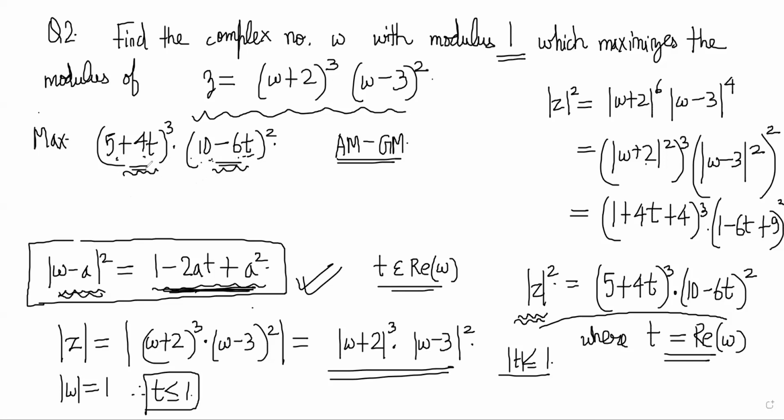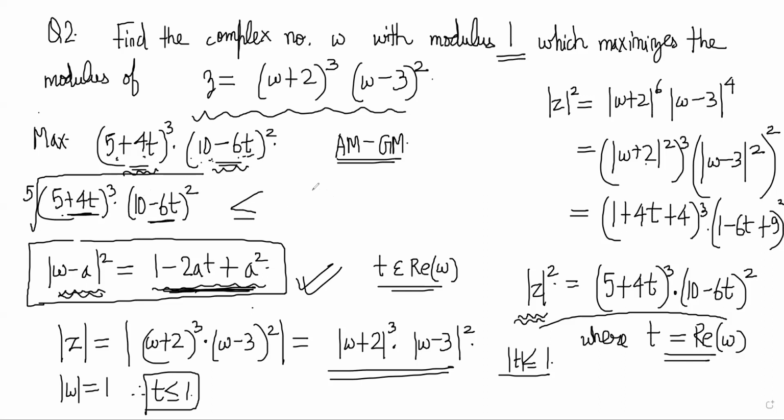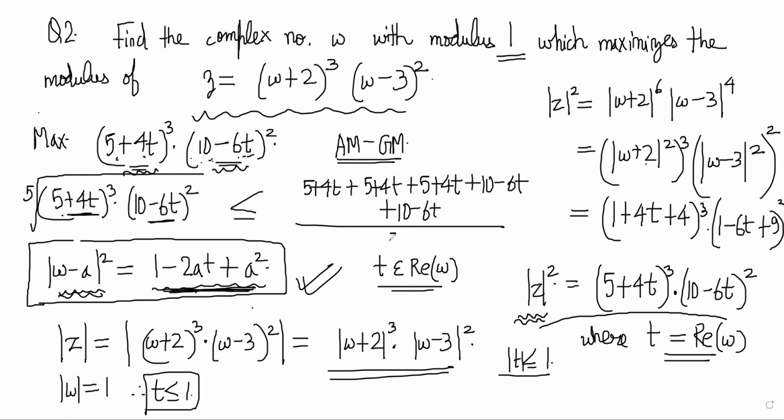What we can say is the product of these, 5 plus 4t whole cube times 10 minus 6t whole square, taken to the fifth root, because there are 5 terms, 3 terms here, 2 terms here, this is the GM, should be less than or equal to the AM of these, right? So it will be 5 plus 4t plus 5 plus 4t plus 5 plus 4t, 3 times, plus 10 minus 6t plus 10 minus 6t, divided by 5.